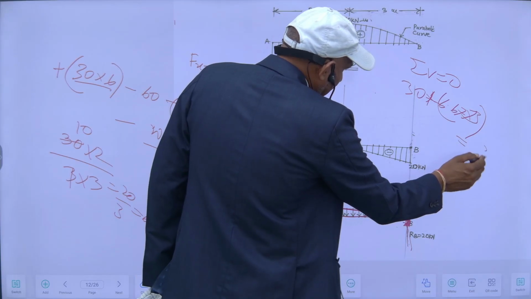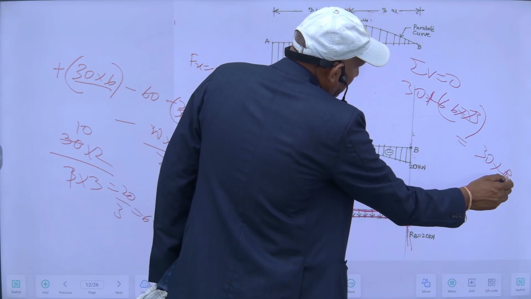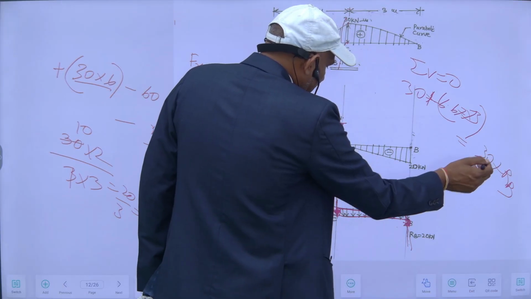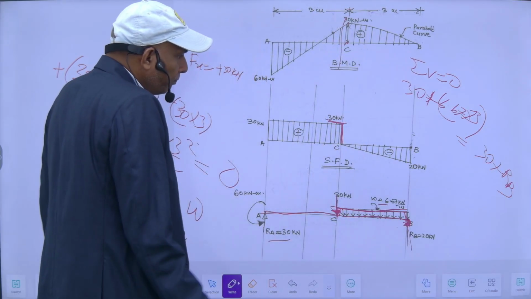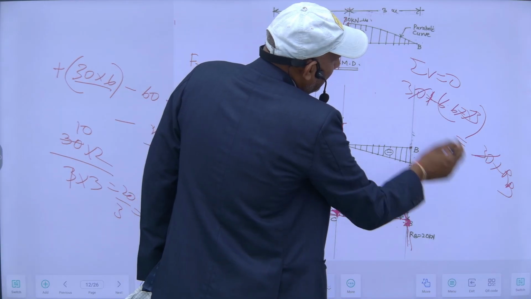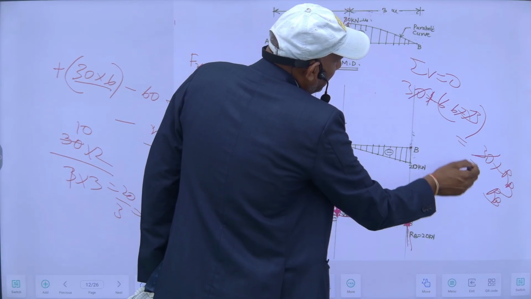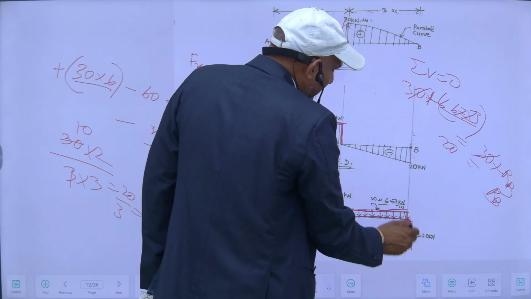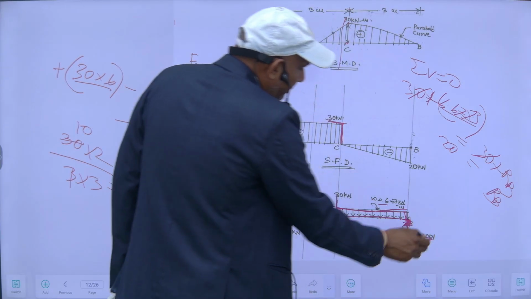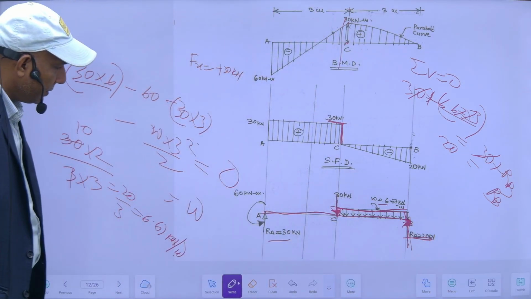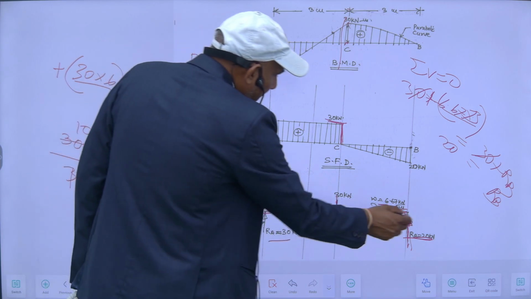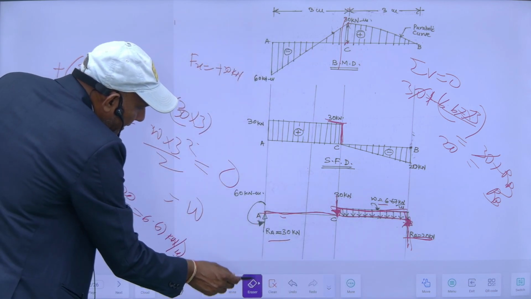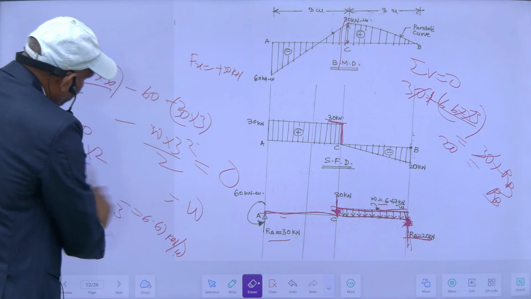So RA is 30 plus RB. So this 30 and 30 will cancel each other, and RB will be equal to 6.667 into 3, which is 20 kilonewton. So there is a vertical upward reaction. This is 20 kilonewton. So this is what I get in the loading diagram. So my loading diagram is now complete.